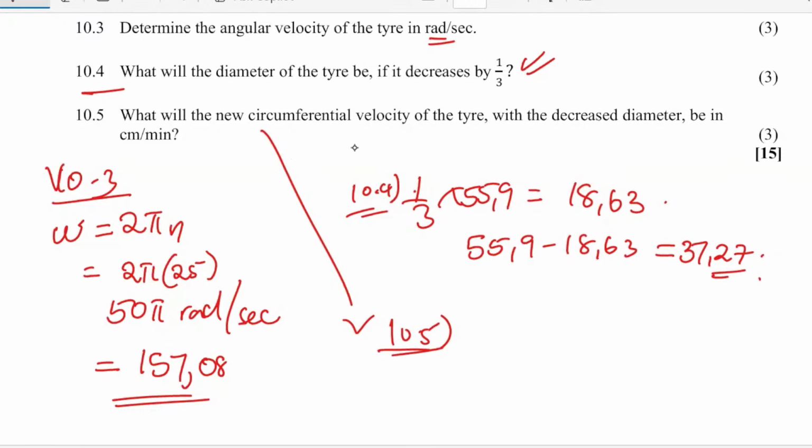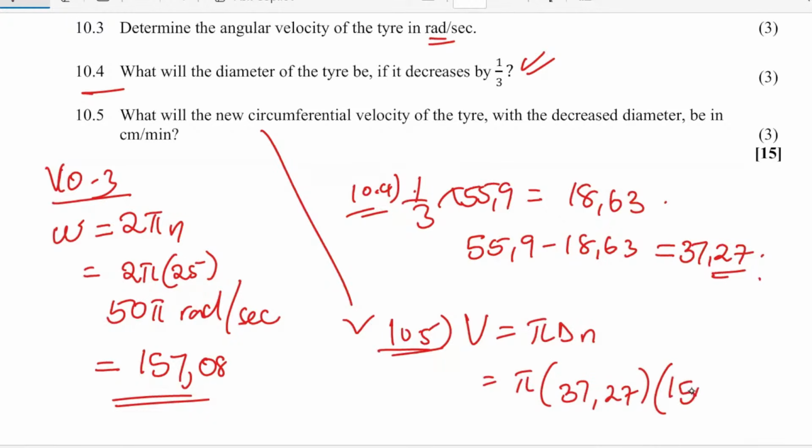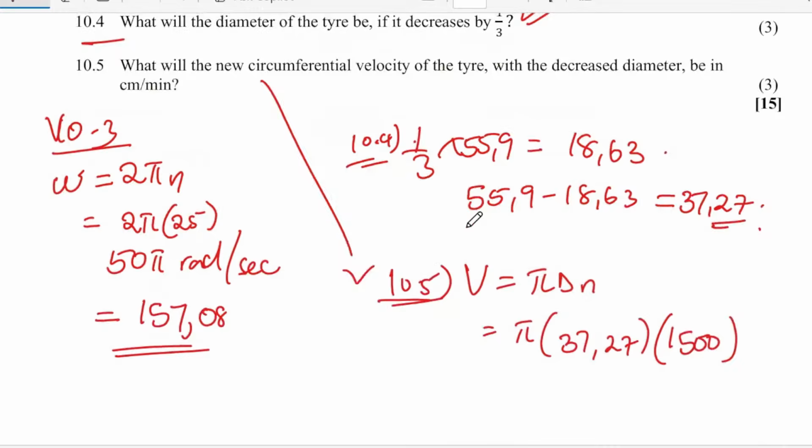What would the new circumferential velocity of the tire be with a decreased diameter in centimeters per minute? Okay, circumferential velocity, we say pi dn. That's pi. The new diameter is 37.27. And then the number of revolutions per minute, we said was 1,500.